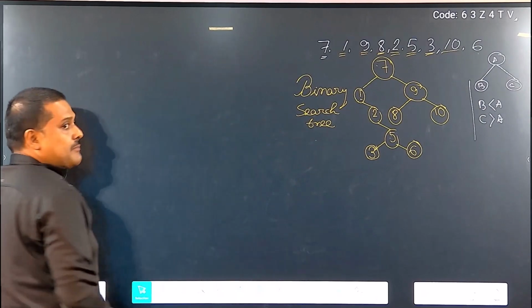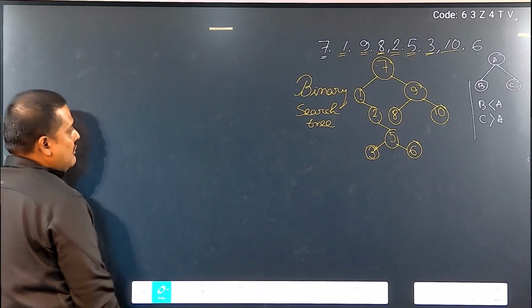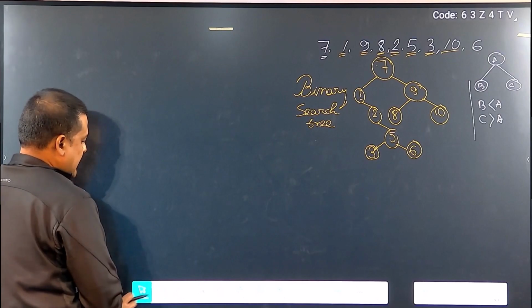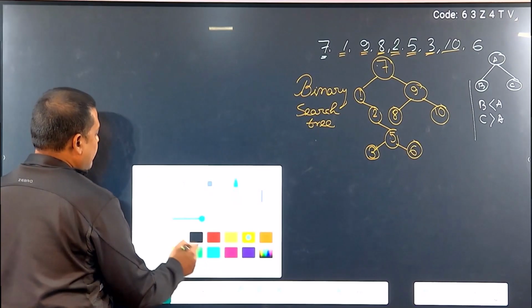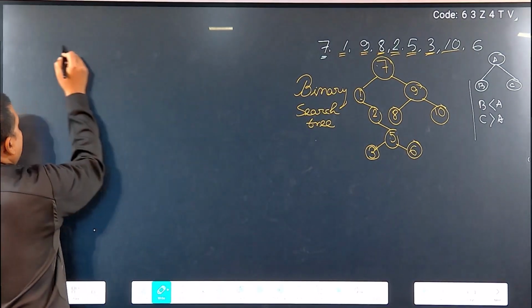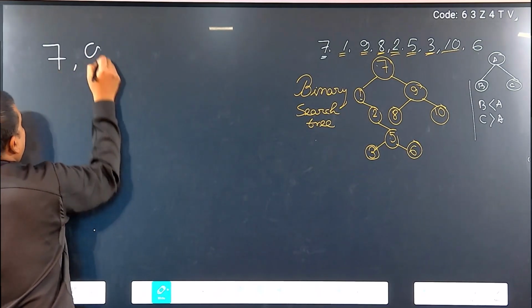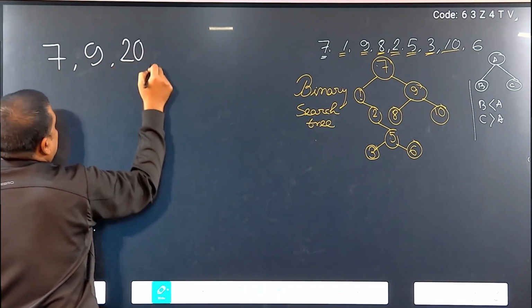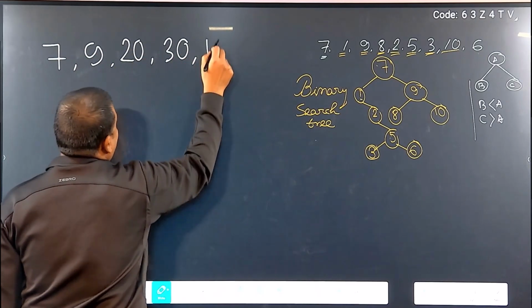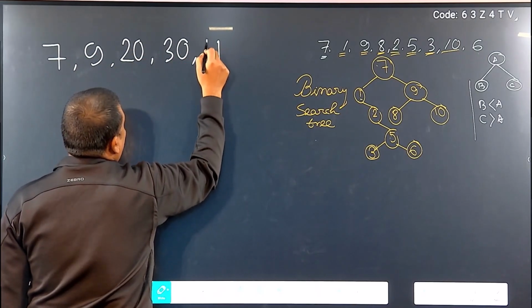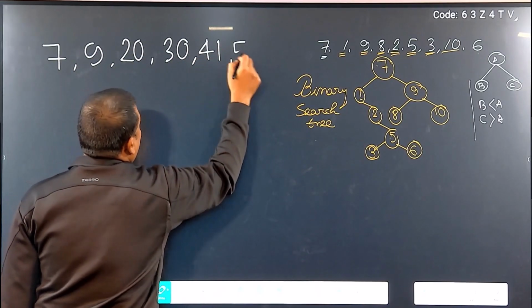Now, what is the problem with this binary search tree? If we have values like this: 7, then 9, then 20, then 30, then 41, then 50.